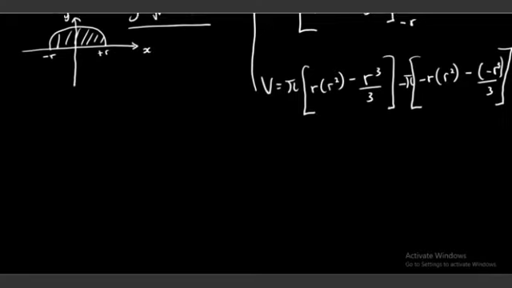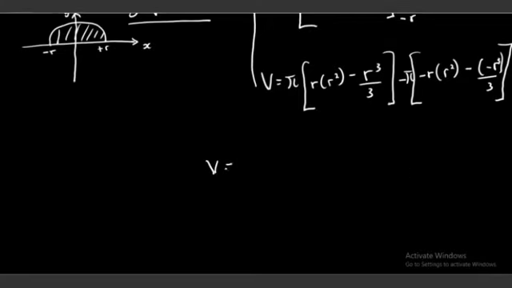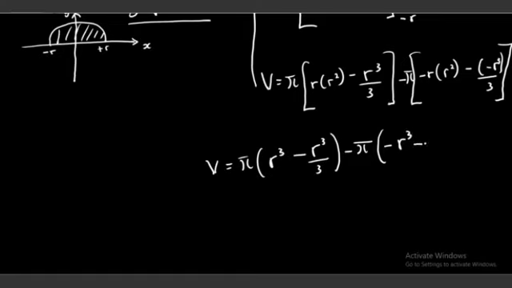Going further, this will be pi into bracket r raised to power 3 minus r raised to power 3 over 3, close the bracket, then minus pi times bracket minus r raised to power 3 minus, and remember that this minus will cancel, it will turn to plus, plus r raised to power 3 over 3.